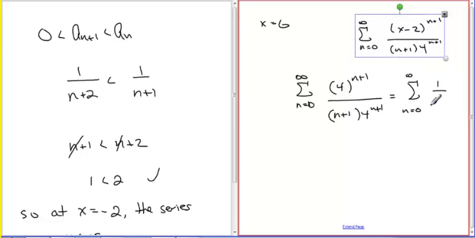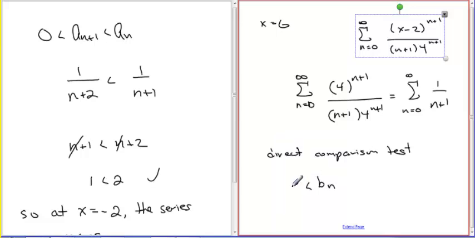Okay, now in the past, a lot of times this has been the p-series, and so we've been able to use the p-series, but we can't directly use the p-series. So we have to use the direct comparison test or the limit comparison test. Either one of those would be fine. For the direct comparison test, you have to pick a b sub n such that b sub n is always greater than a sub n.